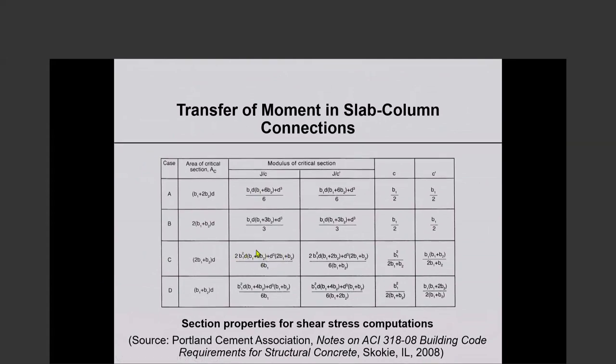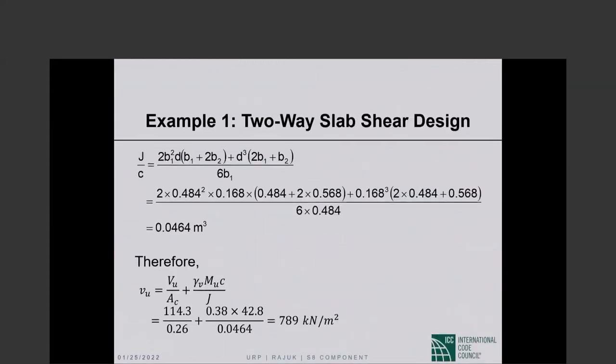So we copied this expression, 2b1 squared d. This is a faithful reproduction of what you see in that box of the table. So 2b1 is 484, d is 168, b1 is 484, b sub 2 is 568, d is 168, b1 484, b2 568, b1 484.